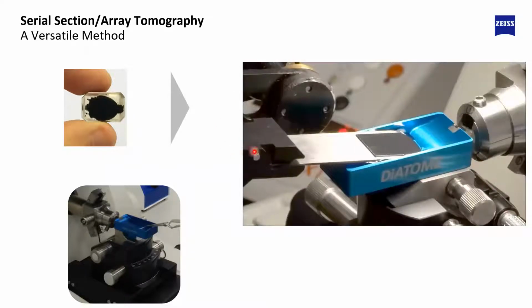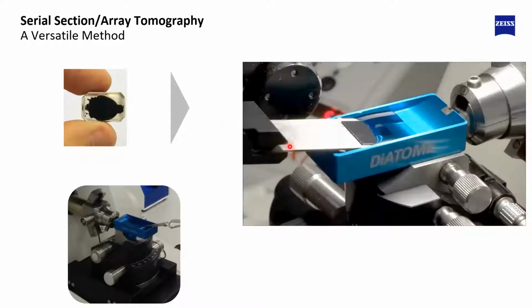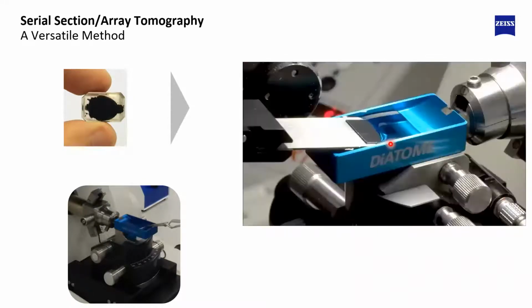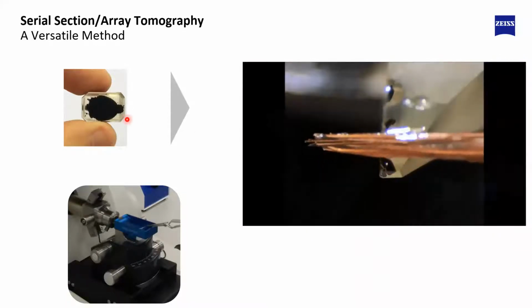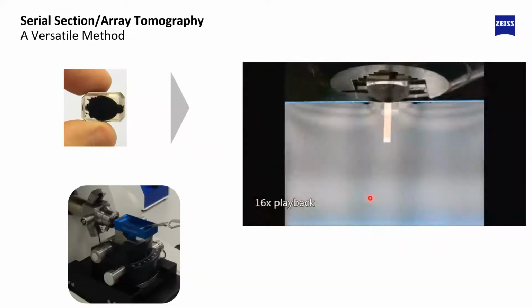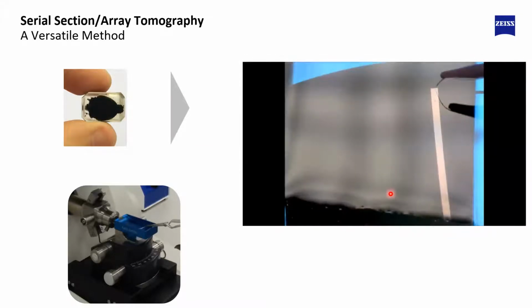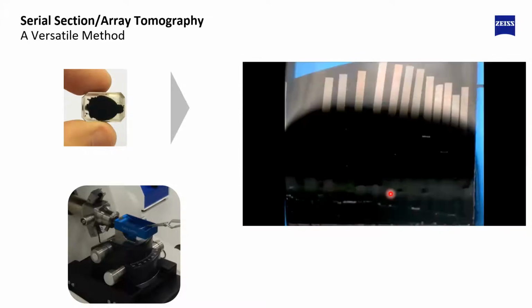In that case, we have attached a slightly different scaffold that allows you to put a silicon chip inside that water bath that I mentioned right there. We are positioning that under the water surface, and right here is the diamond knife, and that is the sample. Again, black, you can see the comparison, black here, black here. Put a little bit of super glue on top of that so that those sections that are cut at each iteration are actually sticking together in those long ribbons that you just saw.